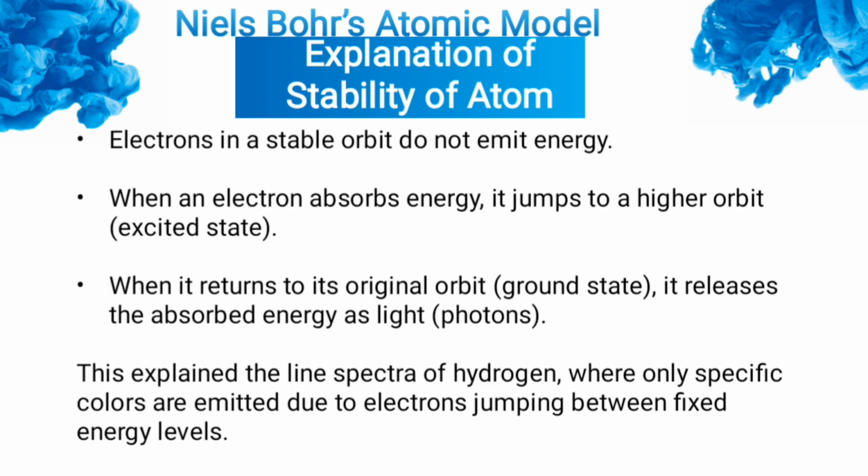When it returns to its original orbit, the ground state, it releases the absorbed energy as light photons. My dear student, this explains the line spectra of hydrogen, where only specific colors are emitted due to electrons jumping between fixed energy levels.